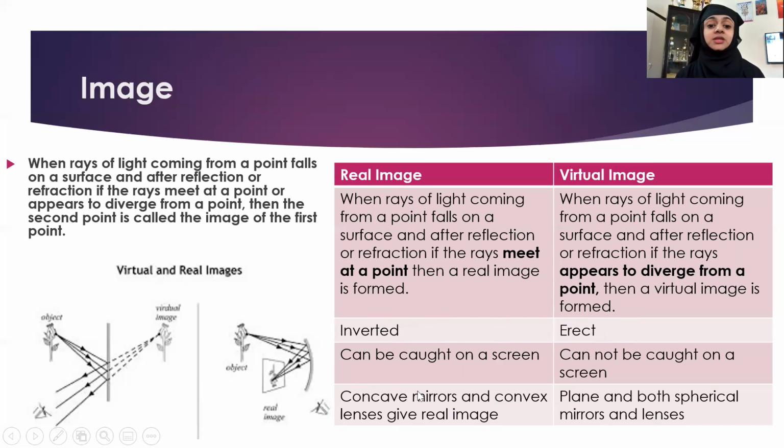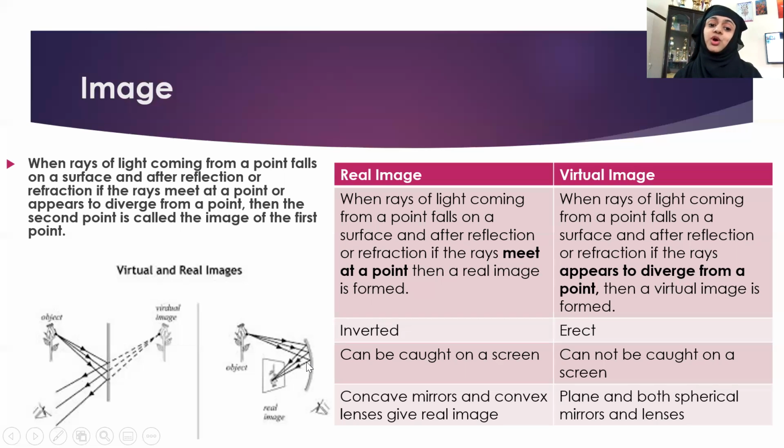Now, a real image can be caught on a screen. So here when we are seeing the reflected image, what kind of mirror is this? Where is the reflection taking place? In the inner curved surface, right? So this is an example of a concave mirror.